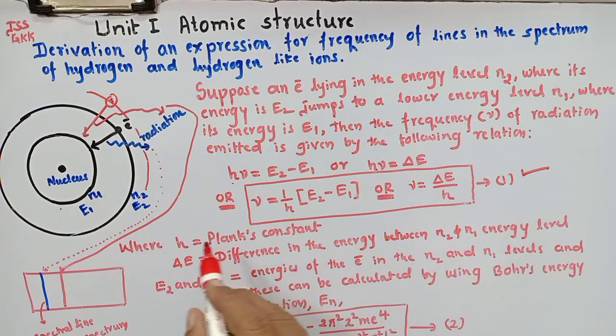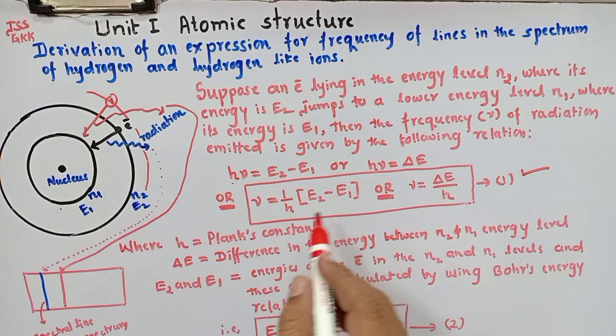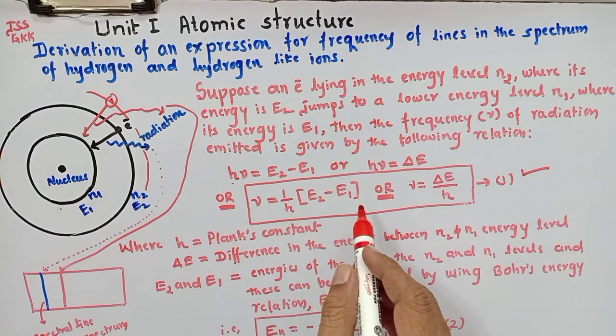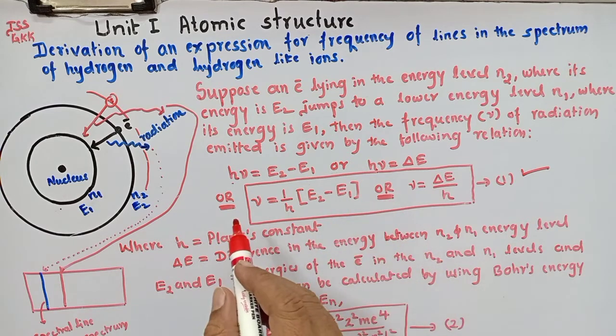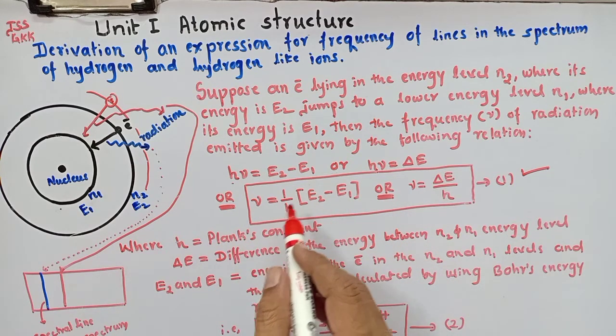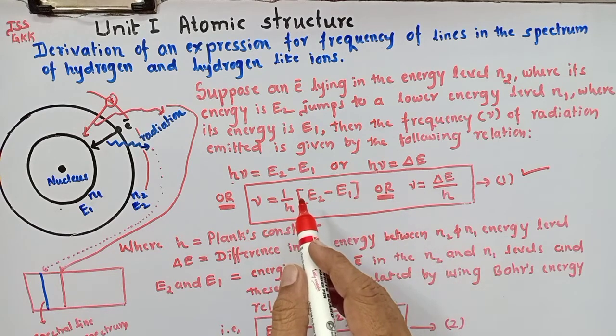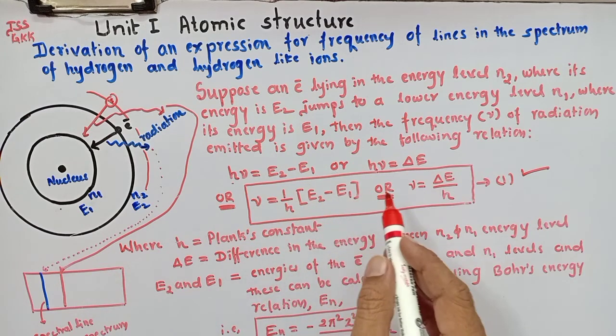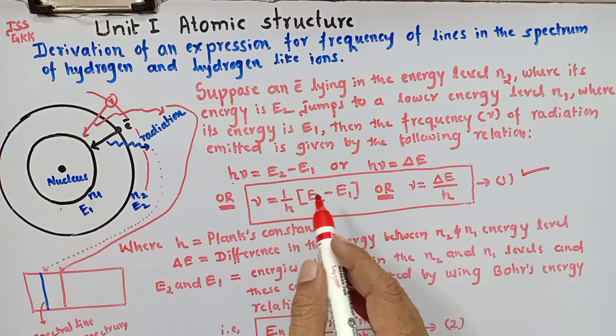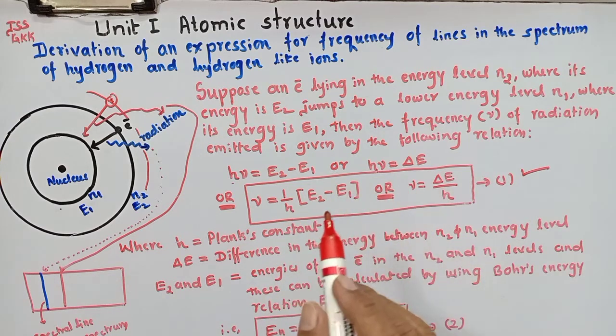Now here this difference in energy would be emitted in the form of radiation of a specific frequency and hence a specific wavelength. Thus the emission spectrum of hydrogen would show a line at the frequency of the emitted radiation.